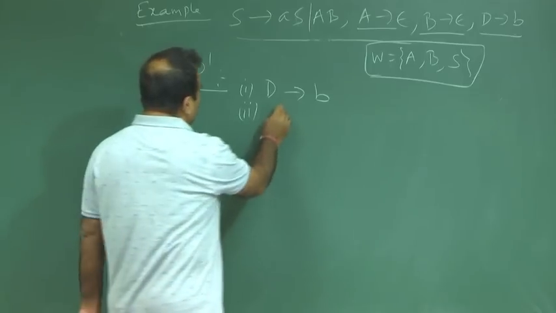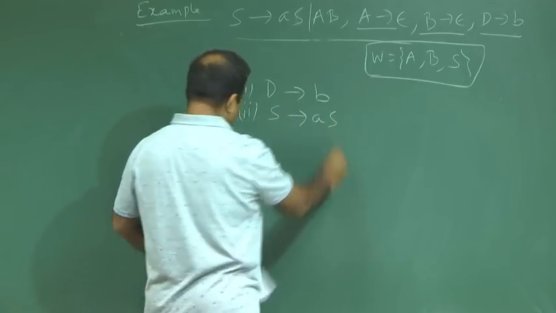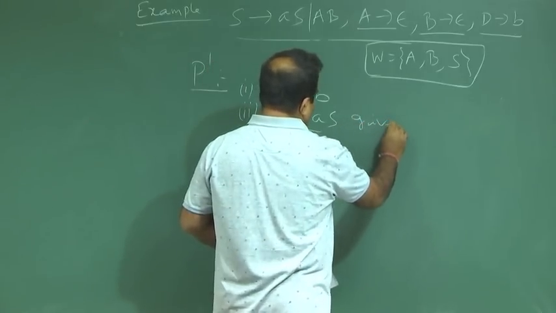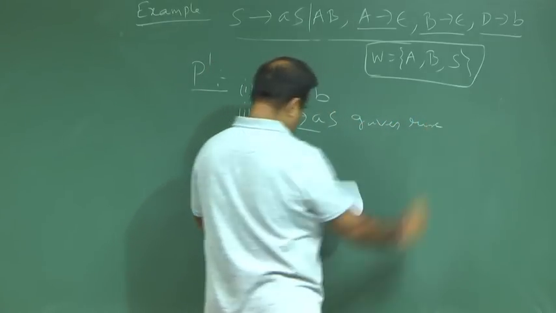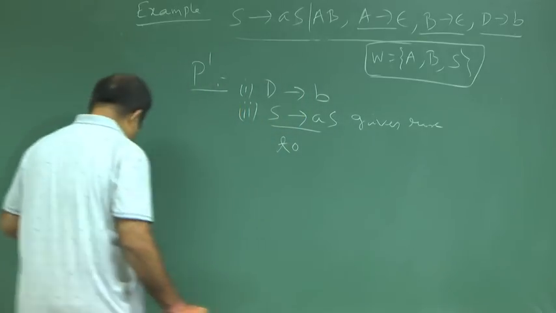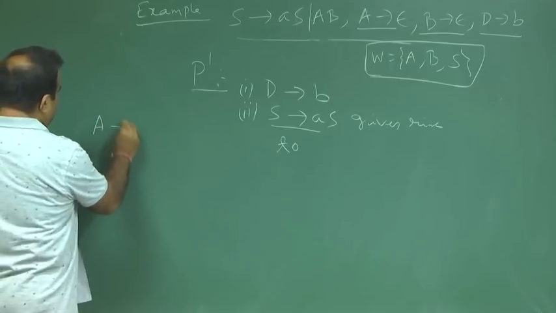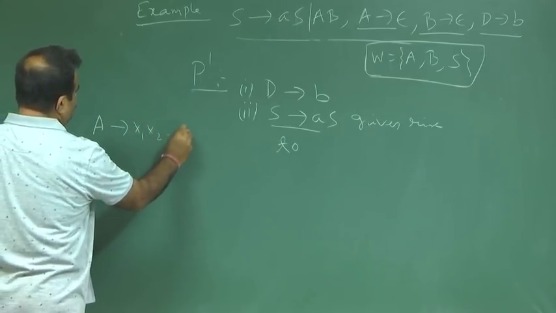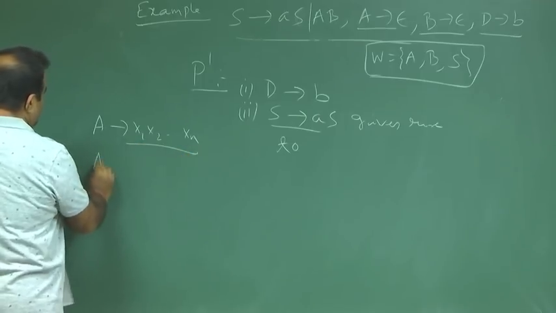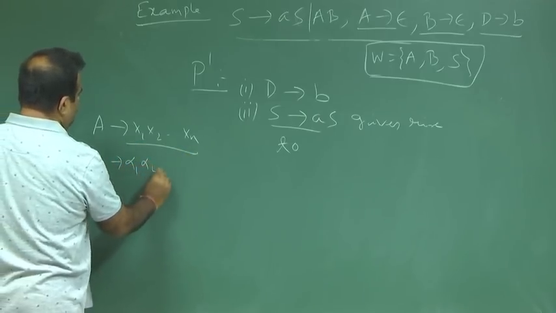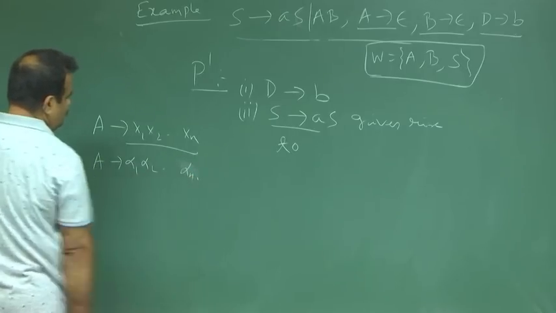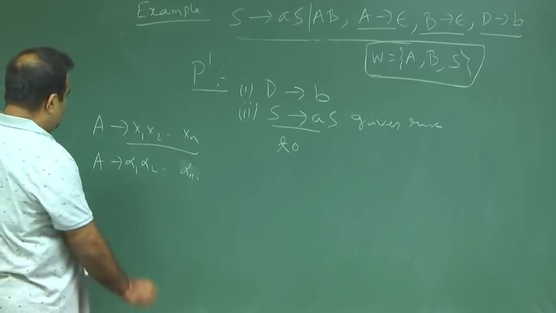Now we take S goes to A S. So, as we said, if A goes to x1 x2 ... xn, then we replace this by A goes to alpha1 alpha2 ... alpha n. There are a few steps.